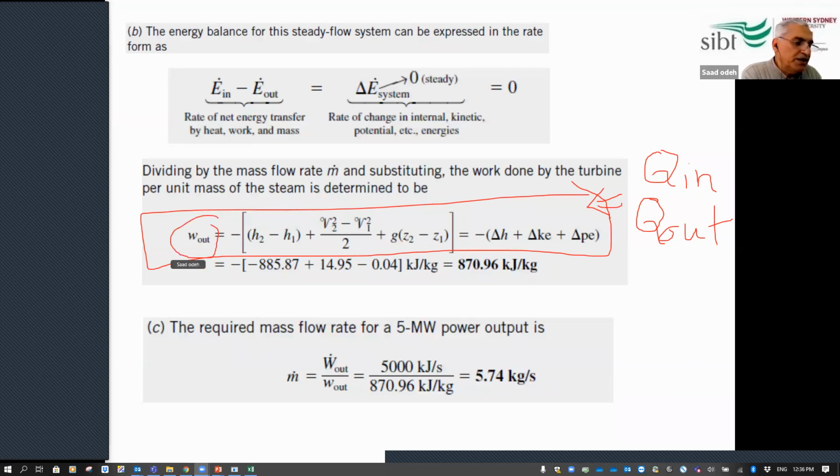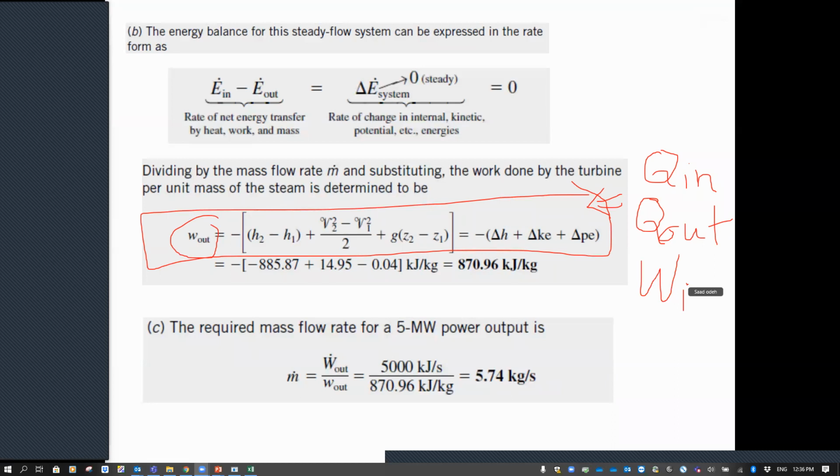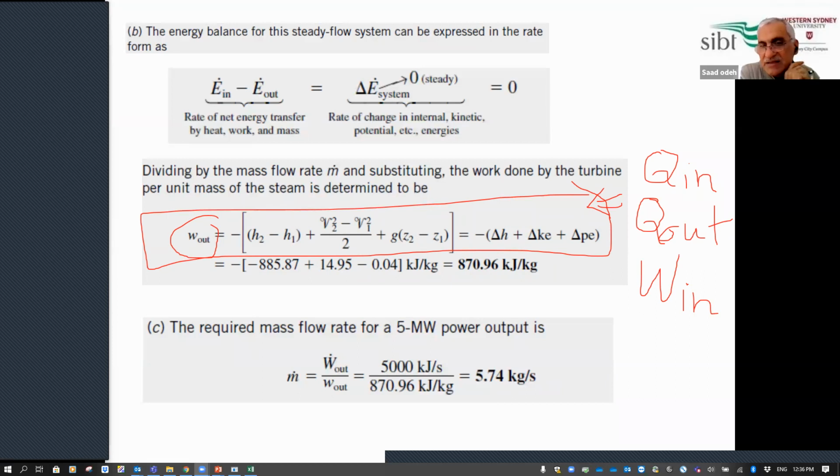W in. There is no work in. But if we have even one of these quantities, we have to keep the other one, right? Like if we have W in or W out, we have to keep the whole equation. Yeah, but we don't have W out, so it's going to be 0. You can keep it, but put it as 0. That's fine. But this is the final form of the equation.